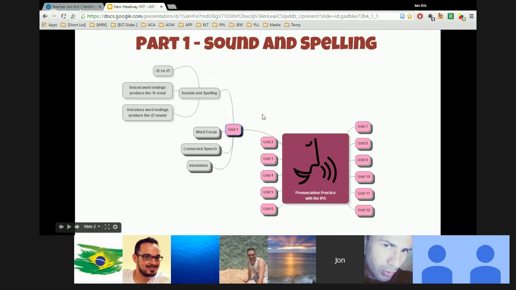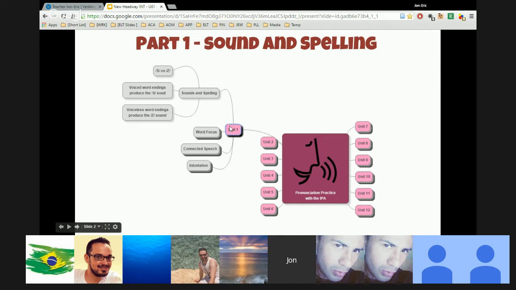So, in this first unit, we're going to be doing things related to these sounds. We're not going to only do the sounds. We're going to be doing a focus on words and syllables, connected speech, how we sound when we speak fast, intonation as well. There's going to be 4 parts. Today's class is just the sound and spelling part, but there'll be 3 other classes in the next 3 Mondays, okay?